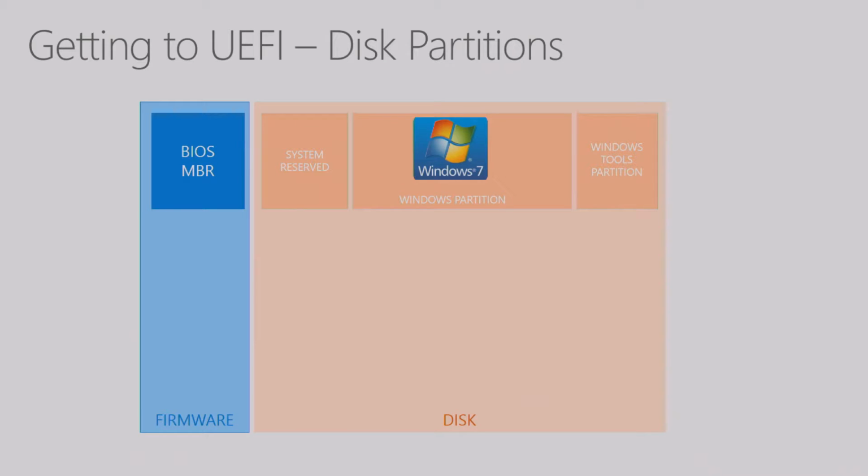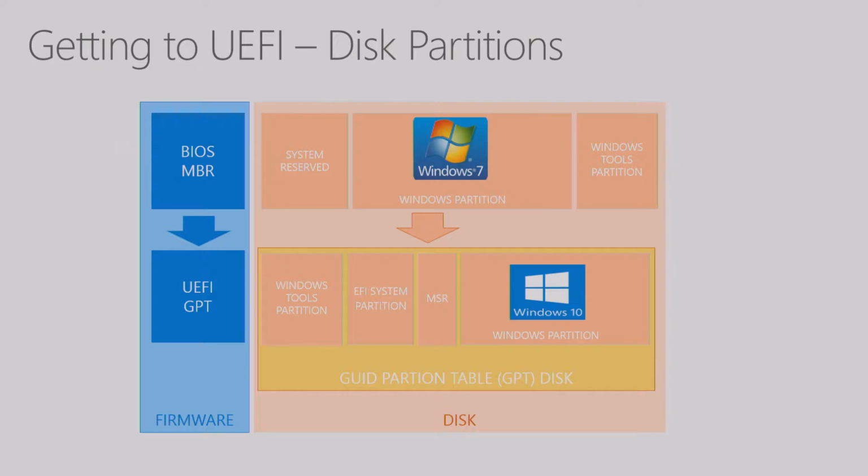So part of the problem is we need to get to a disk partitioning scheme called UEFI, or GPT. GPT has a different partitioning layout. At the moment, there is no supported method to convert an MBR formatted disk to GPT for the system disk.